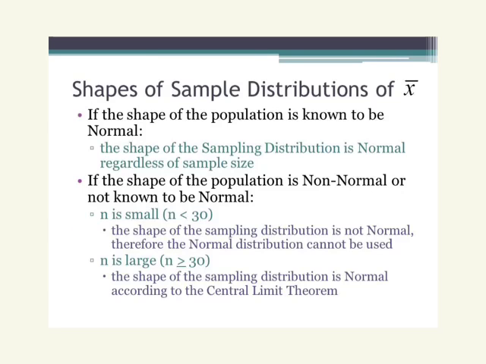On this slide, I'm showing you the characteristics that we need to make sure are met as we deal with a sample mean. Remember yesterday with our proportions, we needed to say that the population was 10 times larger than the sample, that n times p was greater than or equal to 10, and that n times 1 minus p was also greater than or equal to 10.